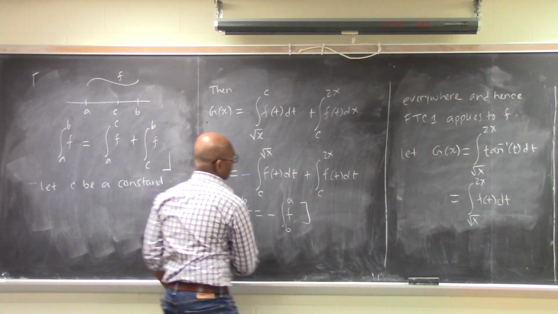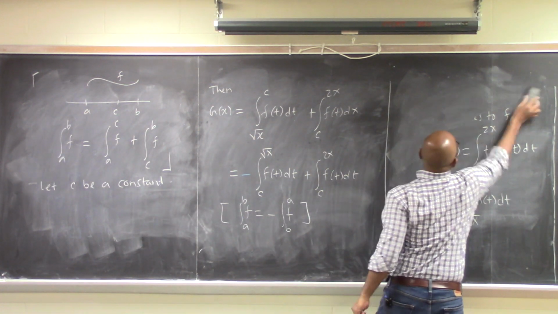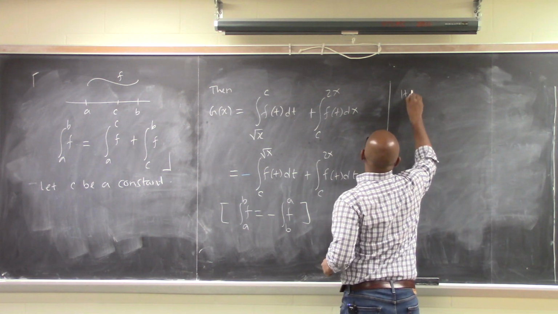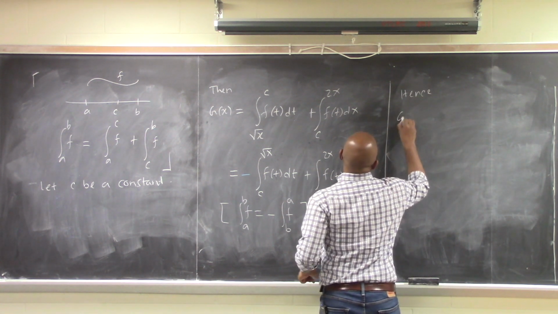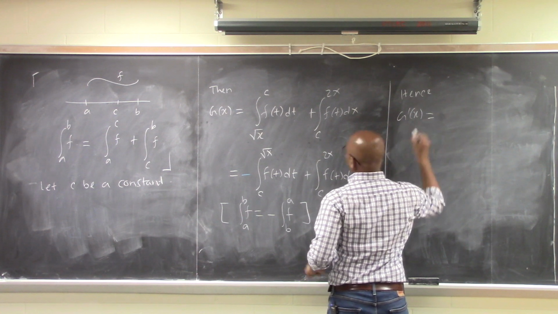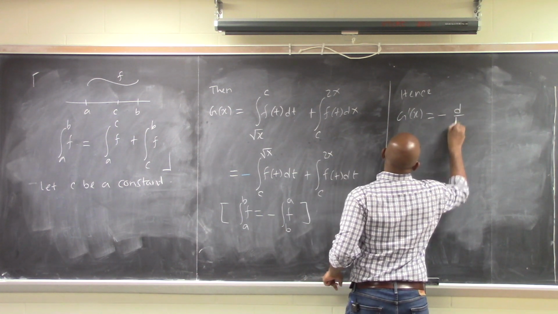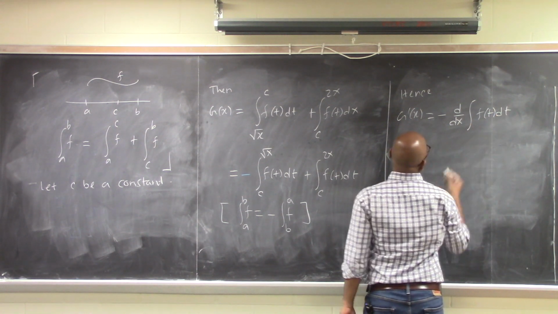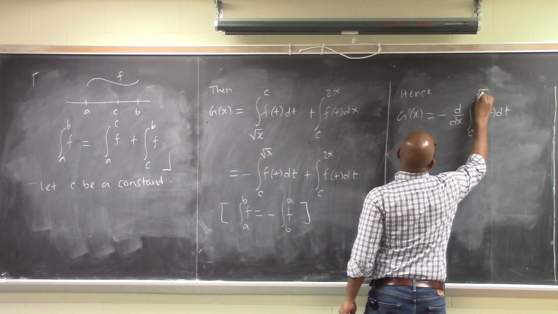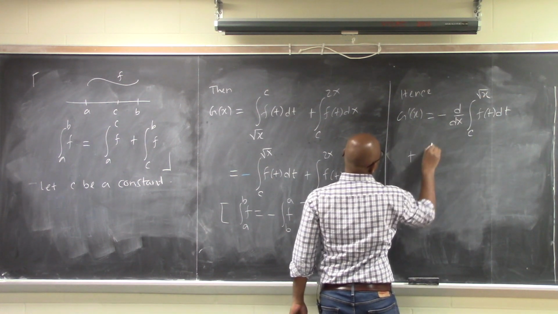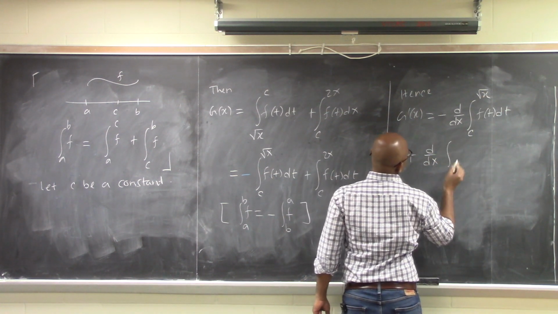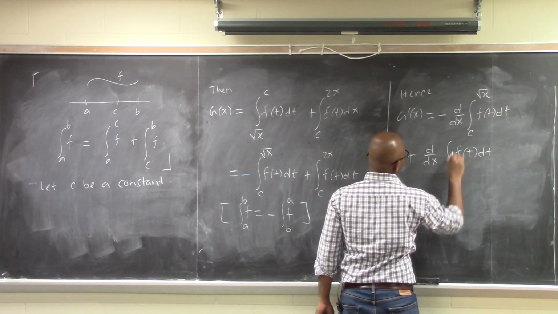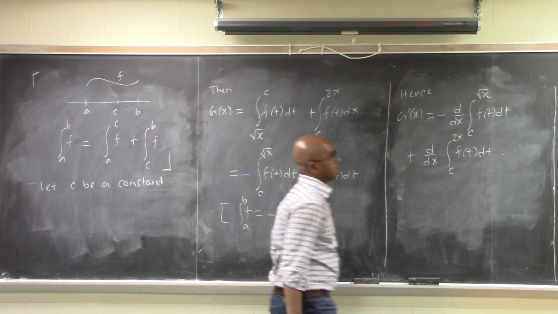Now, g prime of x, hence g prime of x equals negative d/dx of the integral of f of t from c up to square root of x, plus d/dx of the integral of f of t from c up to 2x.